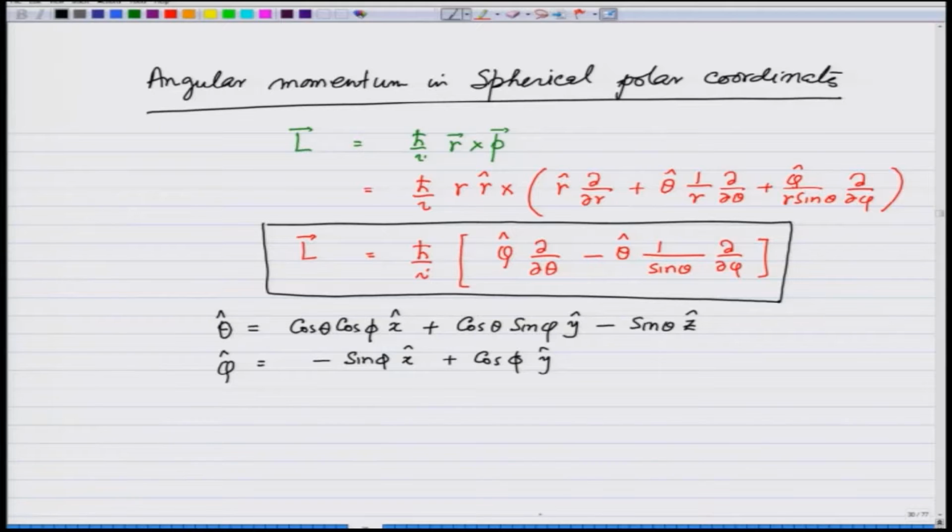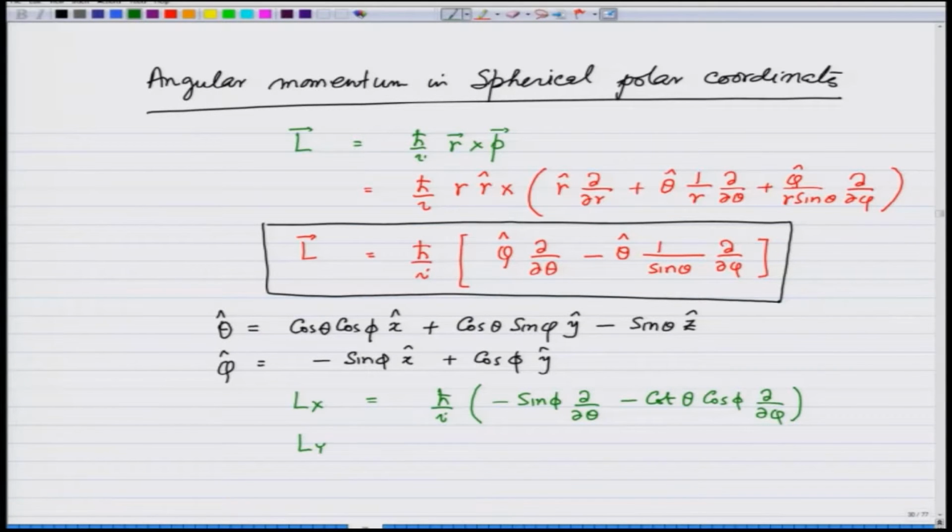And I substitute these in and collect different terms. So, what I am going to get then is that Lx will come out to be h cross over i, in the brackets, minus sin phi d by d theta minus cotangent theta cosine phi d by d phi.